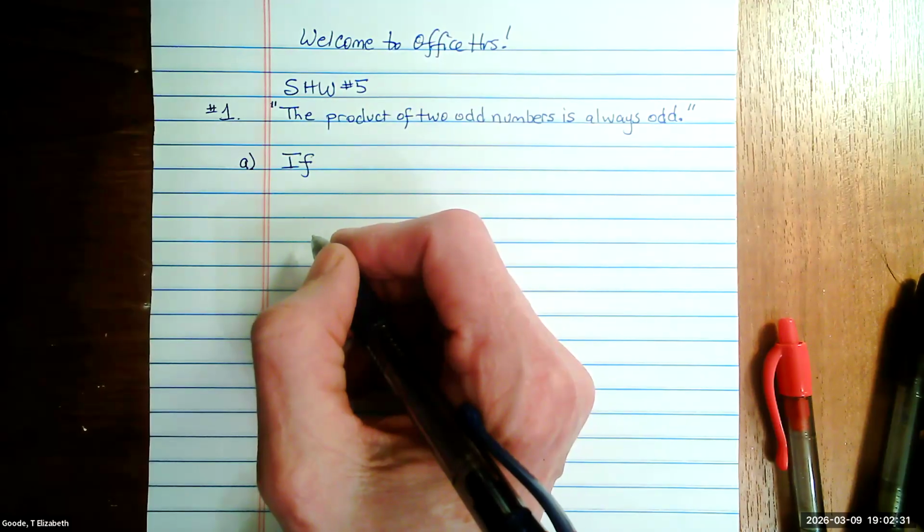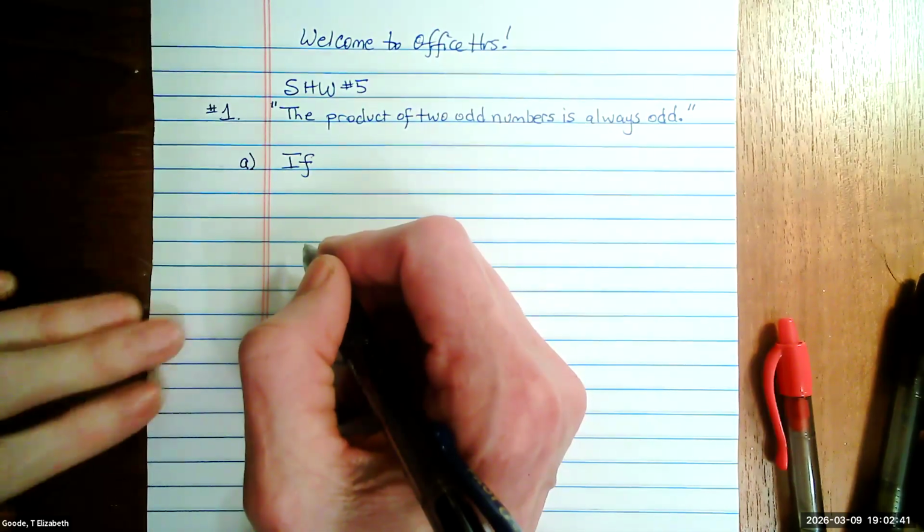If R times S, RS, if RS is odd, no, if the product of two odd numbers is always odd, if the product, if RS is odd, then the product is two odd numbers. I don't know, I'm sorry.